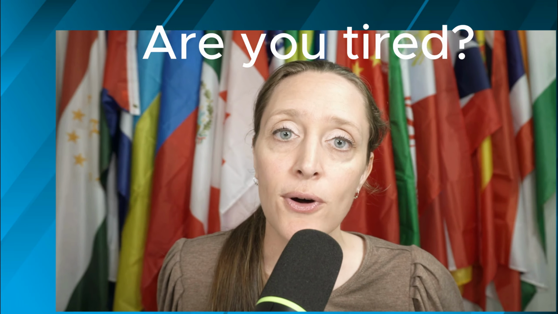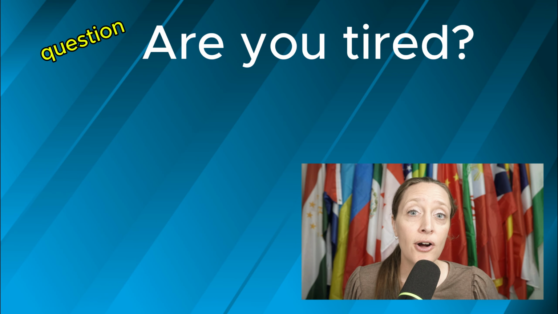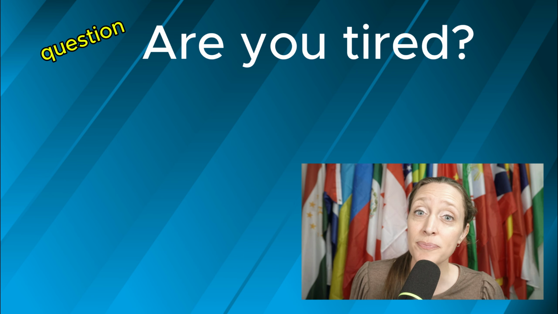Remember, we use contractions a lot in English. Try to use contractions all the time if you can. But there is one situation where you never need to use a contraction. It is when you respond to a question with the verb to be. For example, are you tired?